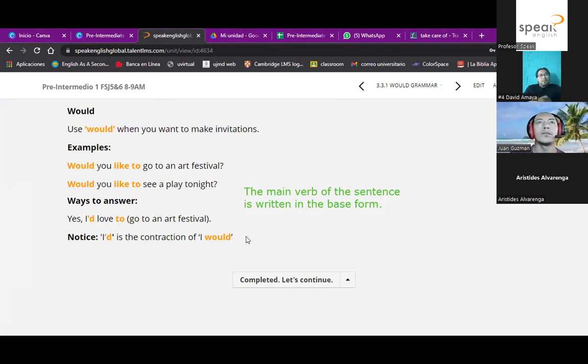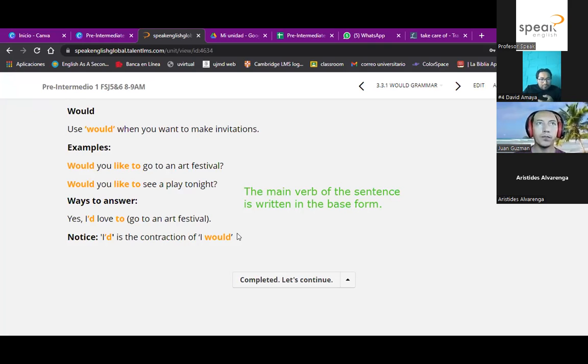But is the usage of would and could clear? When do we use would, guys? Would for invitations. Would, make invitations.